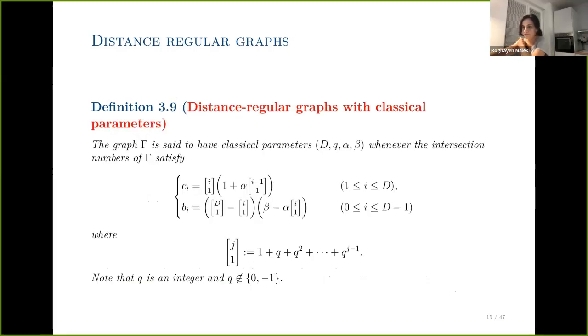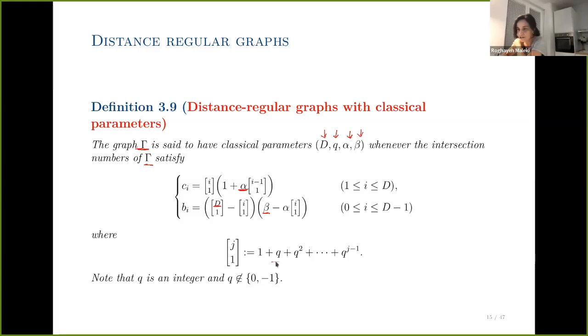Now we can define what we mean by distance regular graphs with classical parameters. So the graph gamma is said to have classical parameters d, q, alpha, and beta whenever the intersection numbers of gamma satisfy these equalities. Here you see that you have your alpha, d, beta, and this is just the binomial coefficient that we have here.